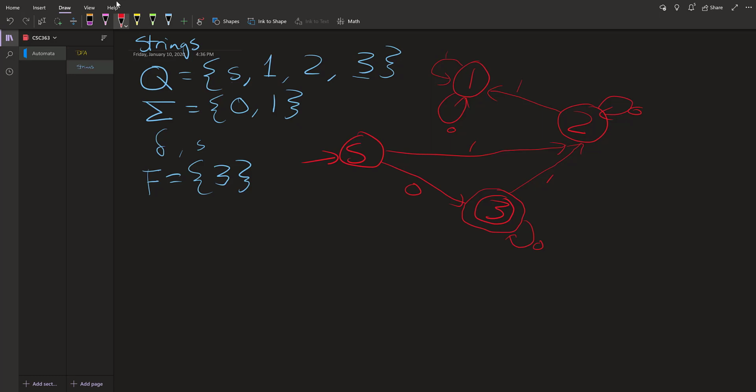And if it reads at least two ones, it also accepts, right? Let's say both 1 and 3 are accepting states.